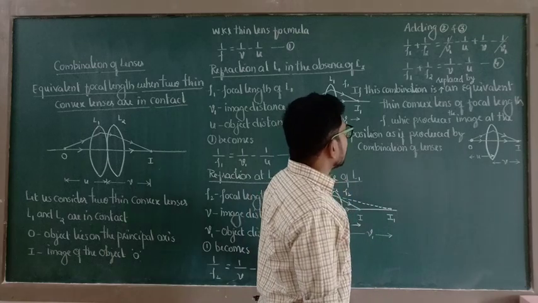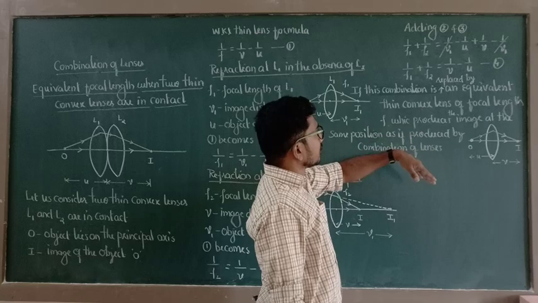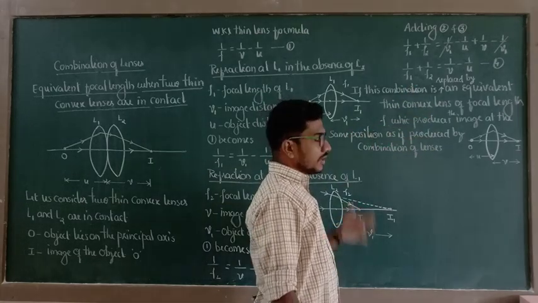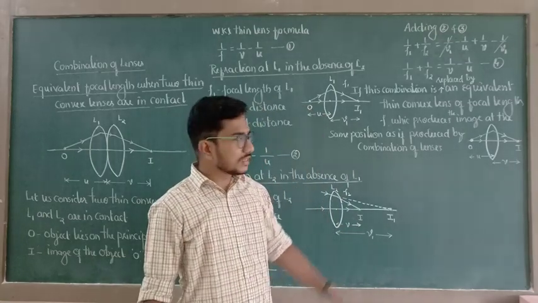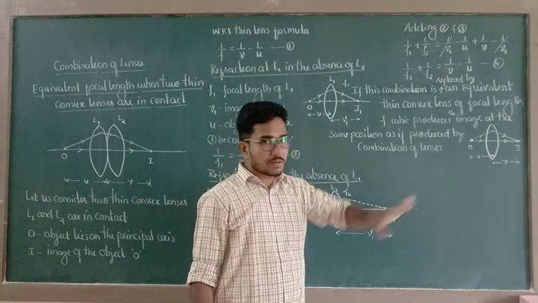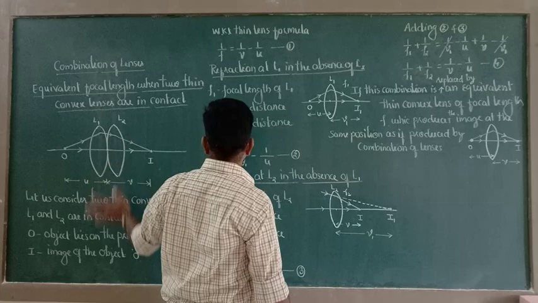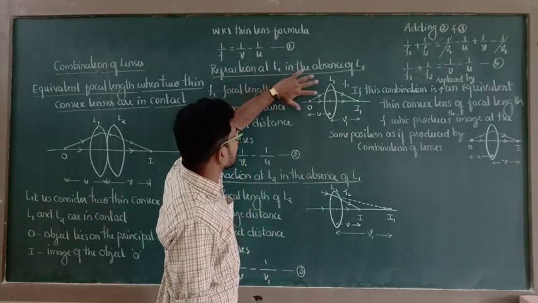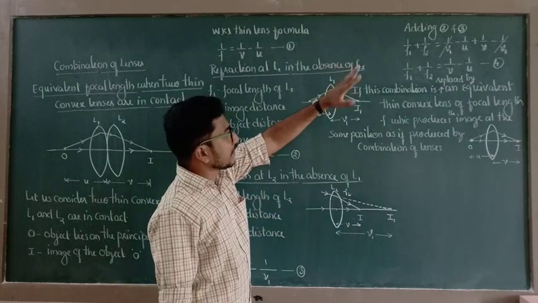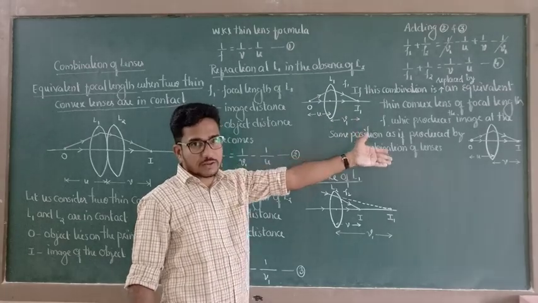So in the examination you just write, if this combination is replaced by an equivalent thin convex lens of focal length f, that's enough. For your understanding I am writing all these things. Even these three ray diagrams are not required. Just plot this ray diagram, explain refraction at L1, refraction at L2, add 2 and 3, and write the thin lens formula by considering this thin convex lens.